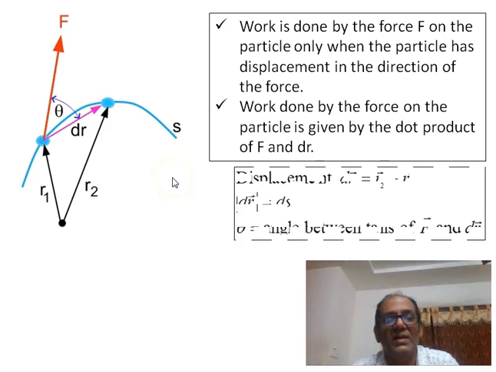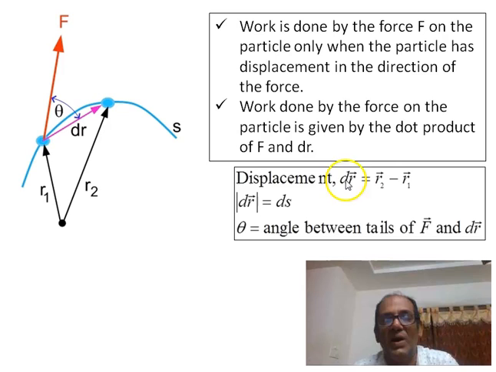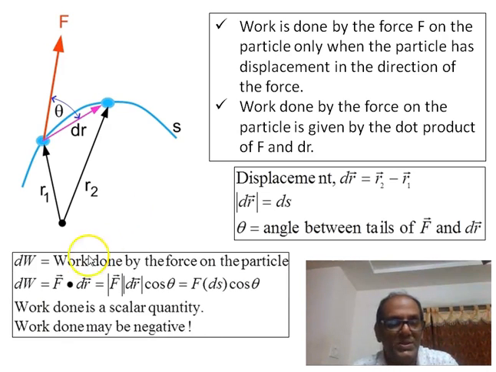In any case, let us say that dr bar is the displacement r2 bar minus r1 bar, and let us define the magnitude of dr bar as ds. Theta is the angle between the tails of F bar and dr bar. With this notation, the elemental work done is defined as the dot product of the two vectors F bar and dr bar.